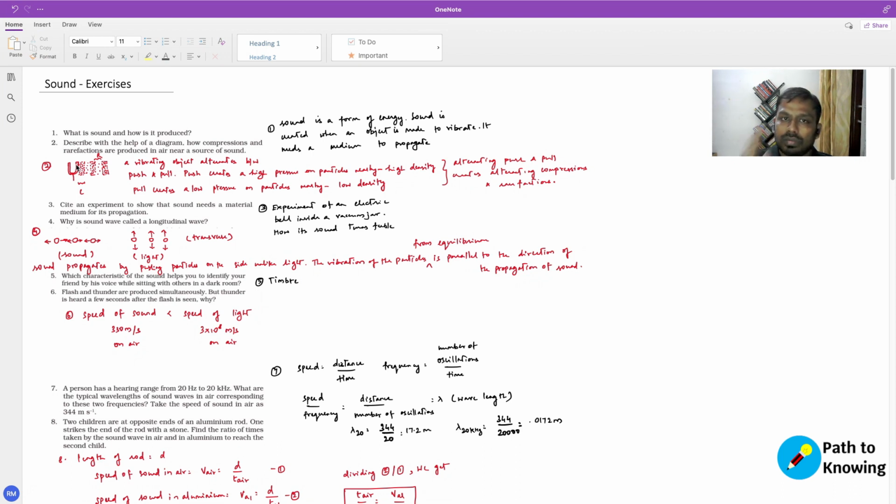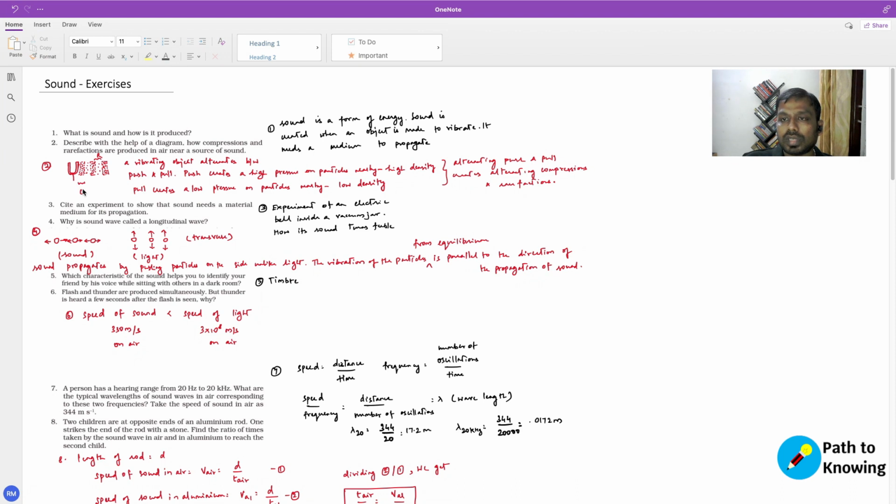So this alternating push and pull of the object creates alternating variations in both pressure as well as the density of the air particles. The high pressure, high density air particles are shown here, and the low density, low pressure air particles are shown here, and this alternates because the object keeps vibrating.